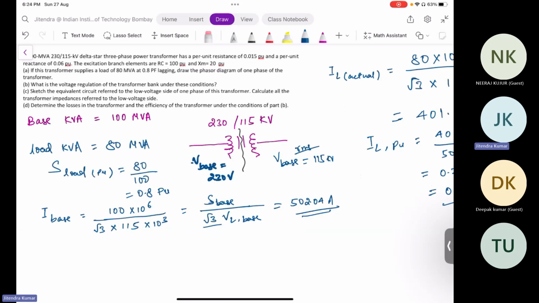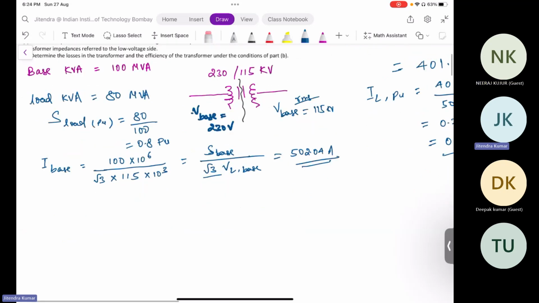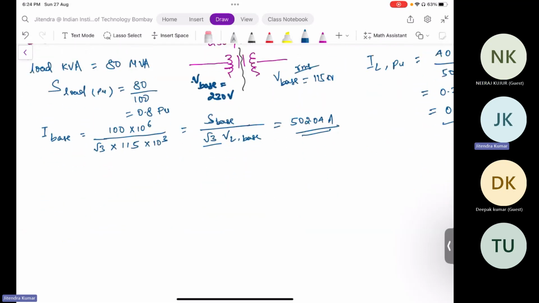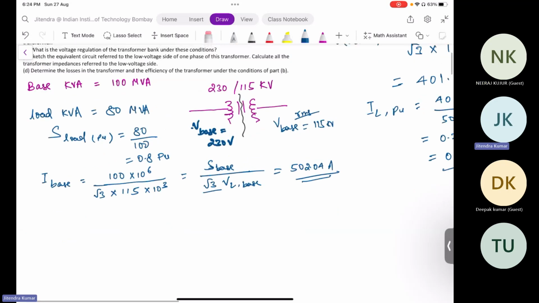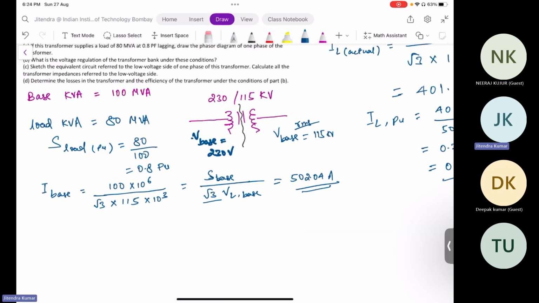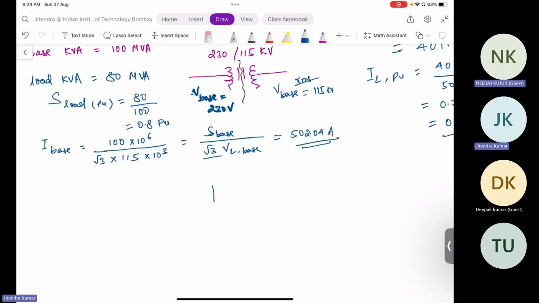Now, moving forward, let me draw an equivalent circuit for this problem for a phase. Since everything is given, first we will have the supply on the primary side.